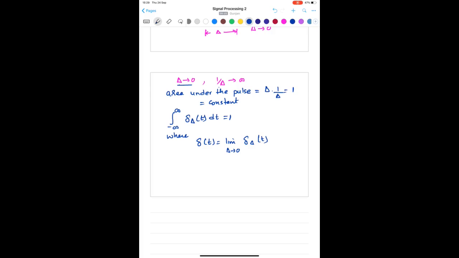So the area under the impulse function is equal to 1, which is always a constant.